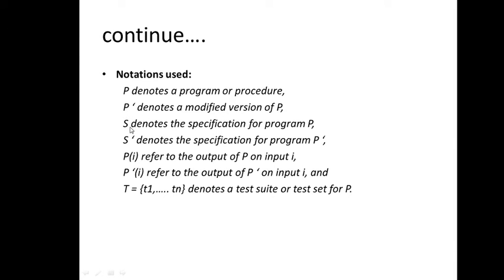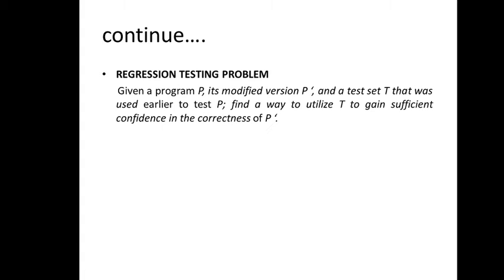Similarly, we have S, which denotes the specification for program P. S dash denotes the specification for P dash. P(i) refers to the output of P on input i. P dash(i) is the output of P dash on i. And T, which includes T1, T2 till Tn, denotes a test suite or test set for P, right? So these are a few of the notations which will be used further.